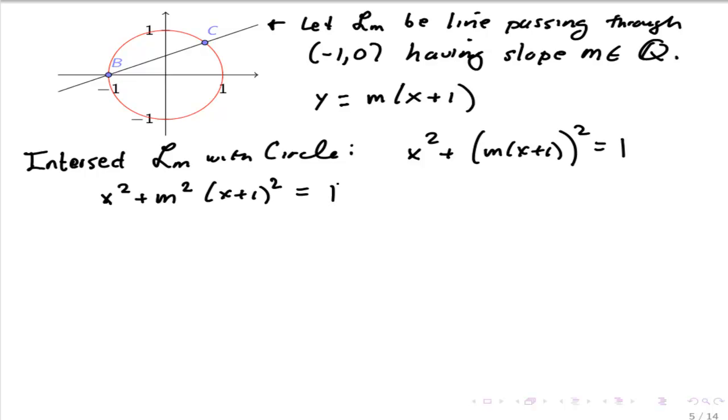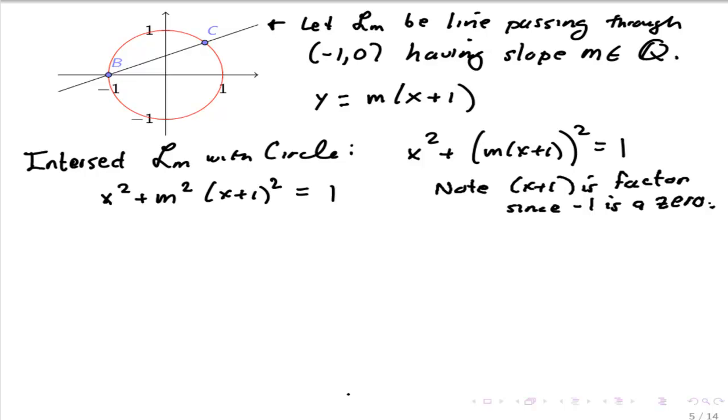And now, rather than just do brute force here, let's try to be a little bit clever. This is going to be a quadratic equation. And we know that negative 1 is one of the solutions, which means that x plus 1 is going to be a factor, since negative 1 is a zero.